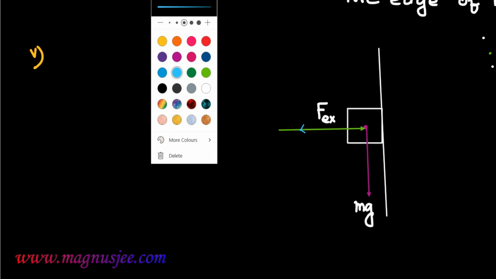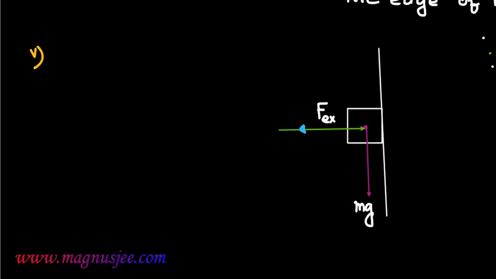This external force Fex acts towards right against the wall, and the normal reaction R acts towards left, and this is the direction in which the body will be at the verge of sliding against the wall.